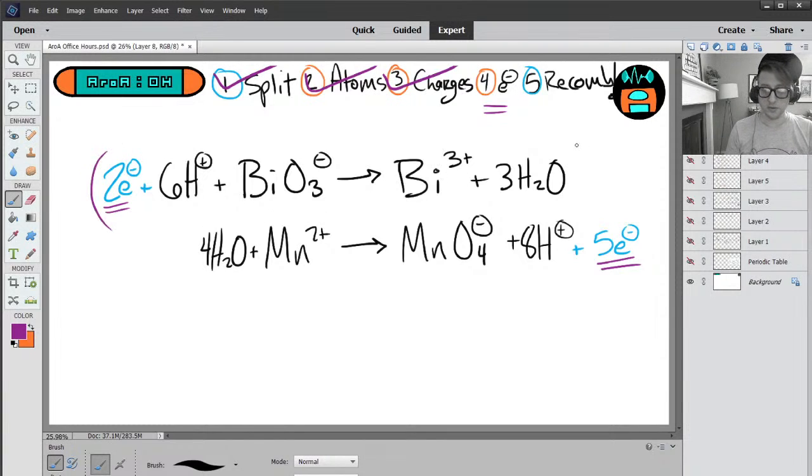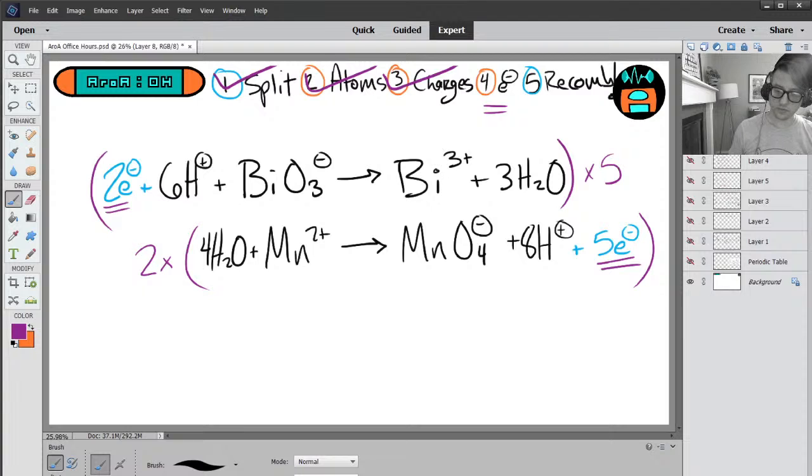What you got to do is this reaction that consumes 2 electrons, we need to multiply the entire thing by 5. This half reaction that produces 5, we need to multiply this whole thing by 2. Watch what happens. So, taking the top, we're going to multiply everything in here by 5.